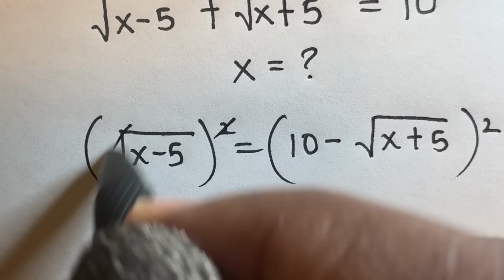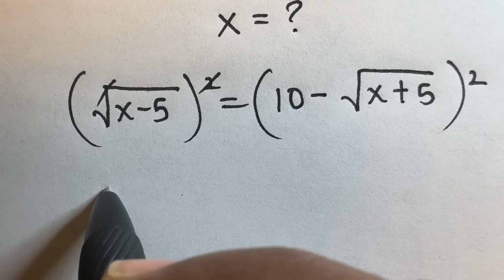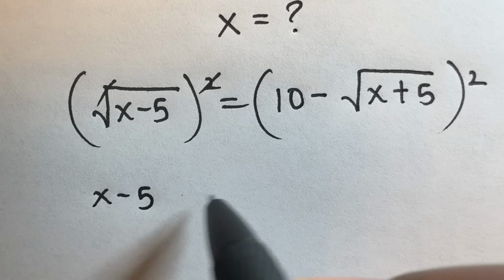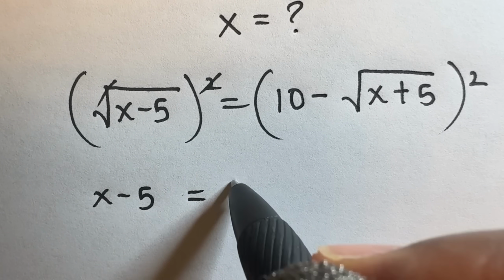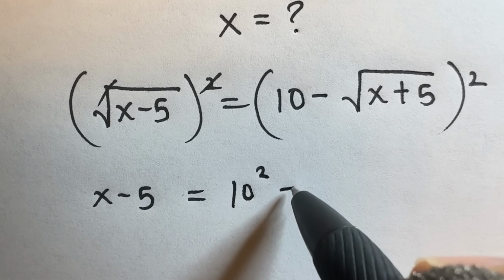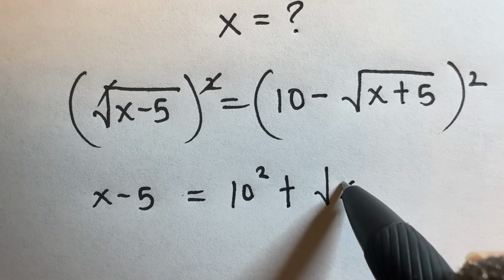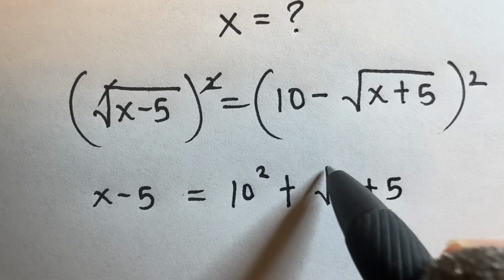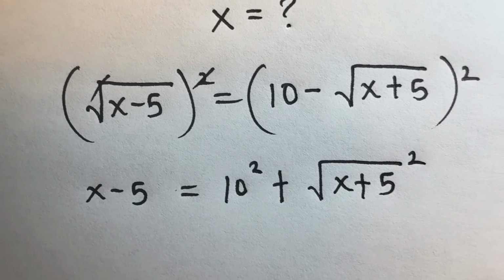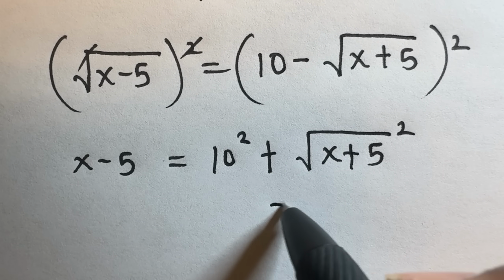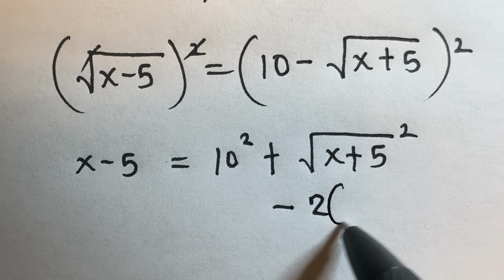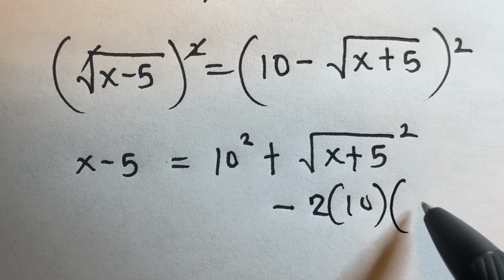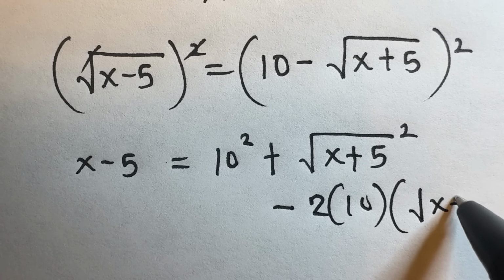So this takes care of this, giving us x minus 5 is equal to, so this will be 10 squared plus square root of x plus 5 squared, then minus 2 into 10 into square root of x plus 5.